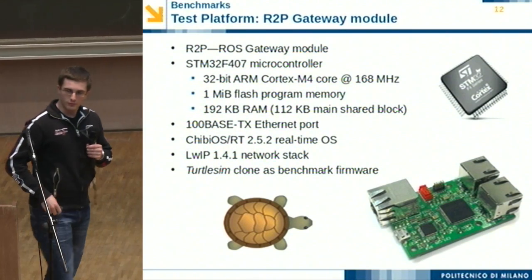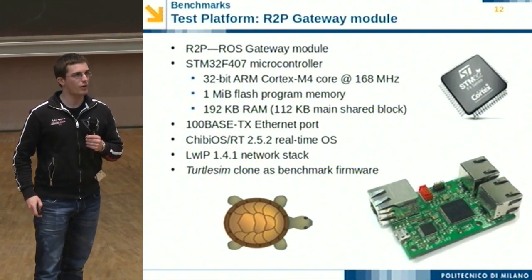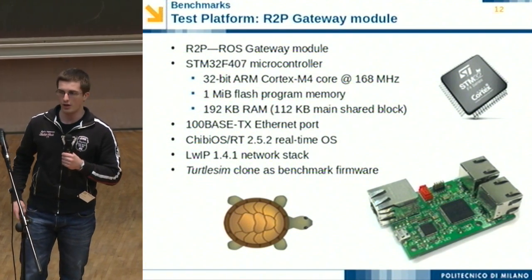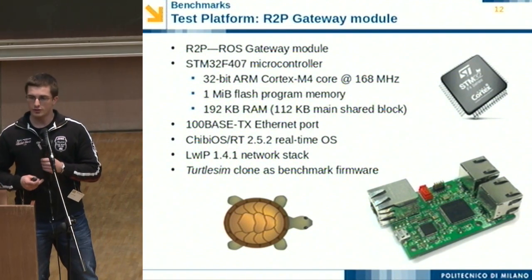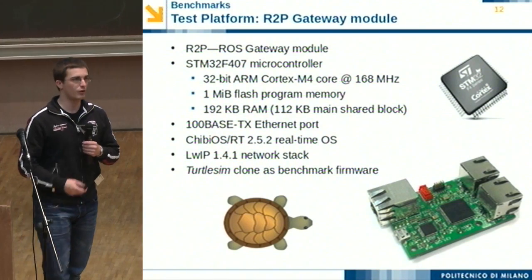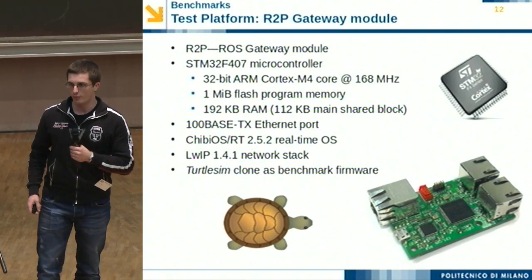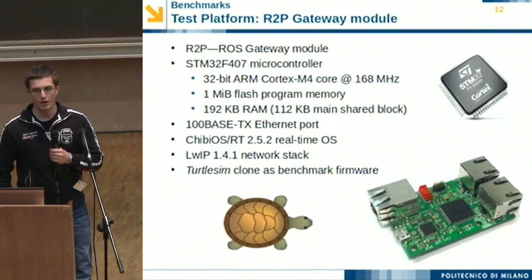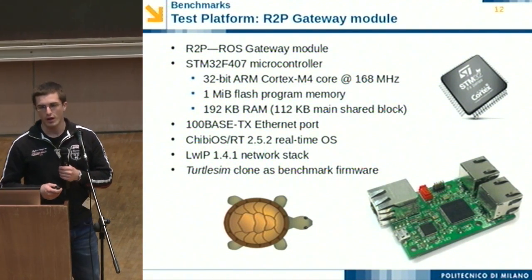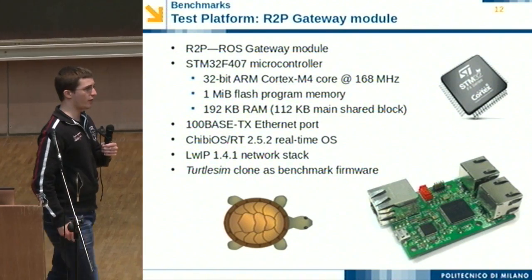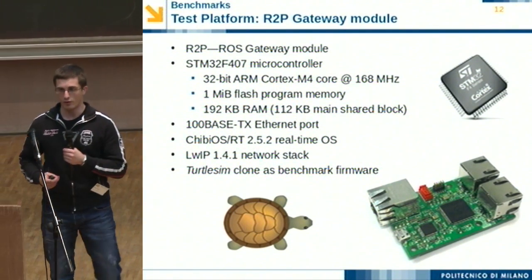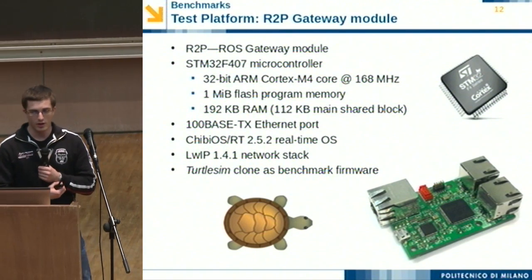Okay, to do some evaluations, we are using the gateway module provided for the R2P environment. This platform mounts modern microcontrollers from ST, with an ARM Cortex-M core, which is very recent, the M4. It has 1 megabyte of flash memory, which is plenty of space on modern microcontrollers.